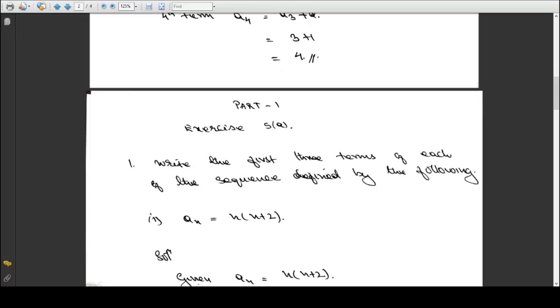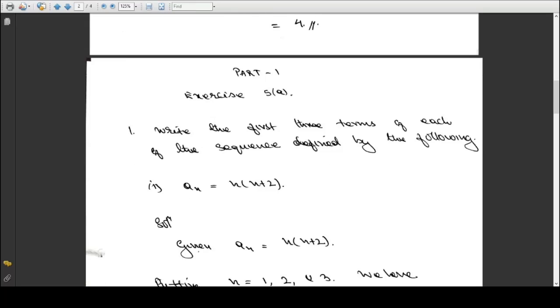Now here in this exercise, write the first 3 terms, that means the first term, the second term, and the third term of the sequence defined by this rule: an equals n times (n plus 2). This is the given nth term. To get the first 3 terms, you have to put n as 1, 2, and 3.